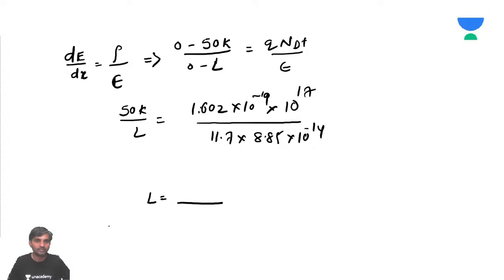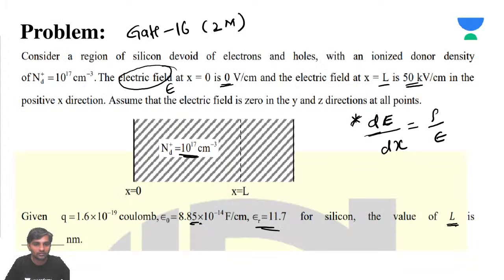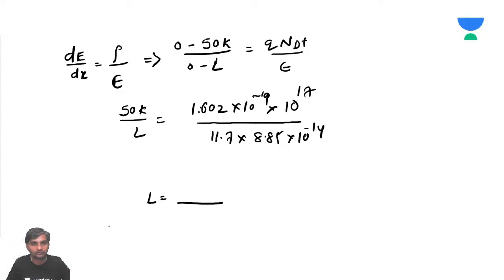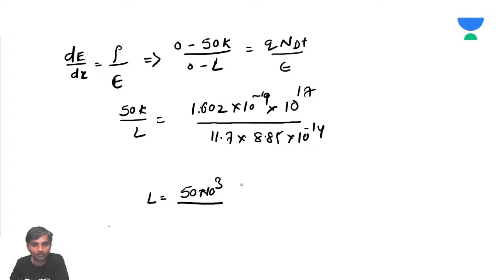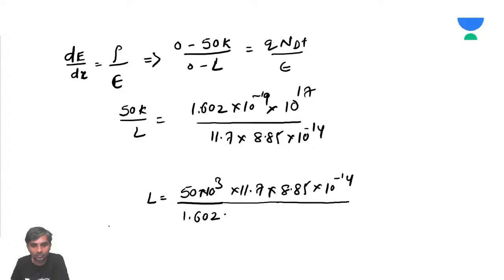He's asking in nanometers. L is going to be 50 into 10 to the power of 3 into 11.7 into 8.85 into 10 to the power of minus 14, divided by 1.602 into 10 to the power of minus 19 into 10 to the power of 17.